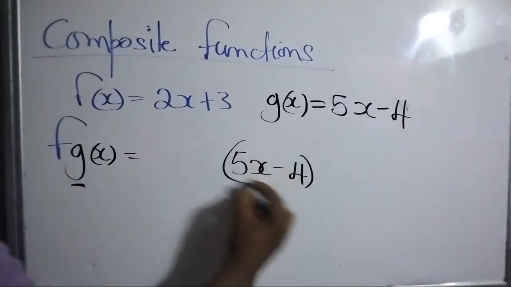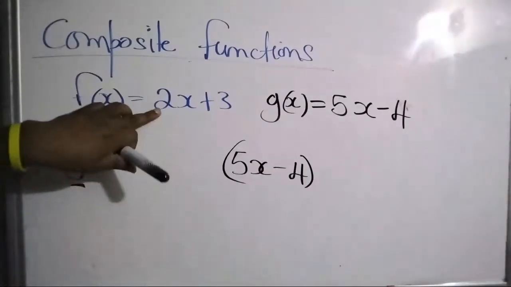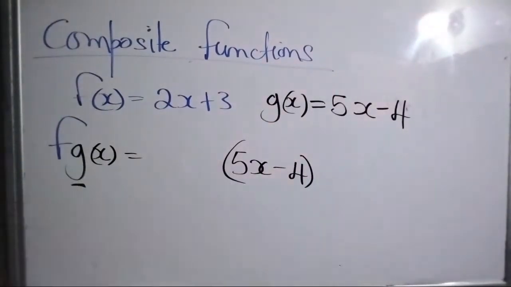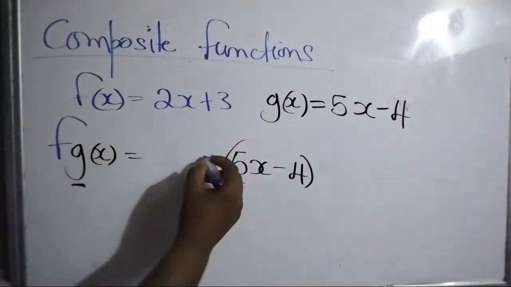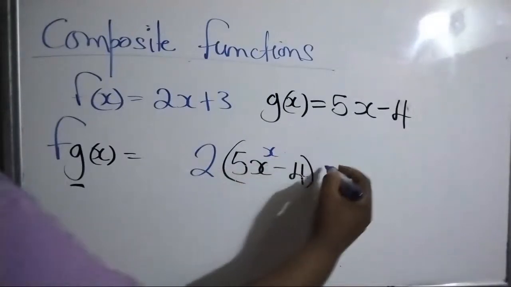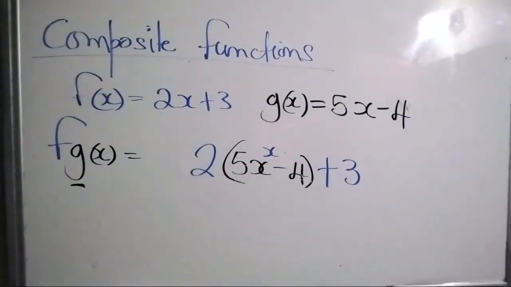We put that in brackets, and that is going to become our x in f. So we write f, but this is x. So f says 2, this is our x, plus 3. That's it. All we have to do now is expand the bracket.